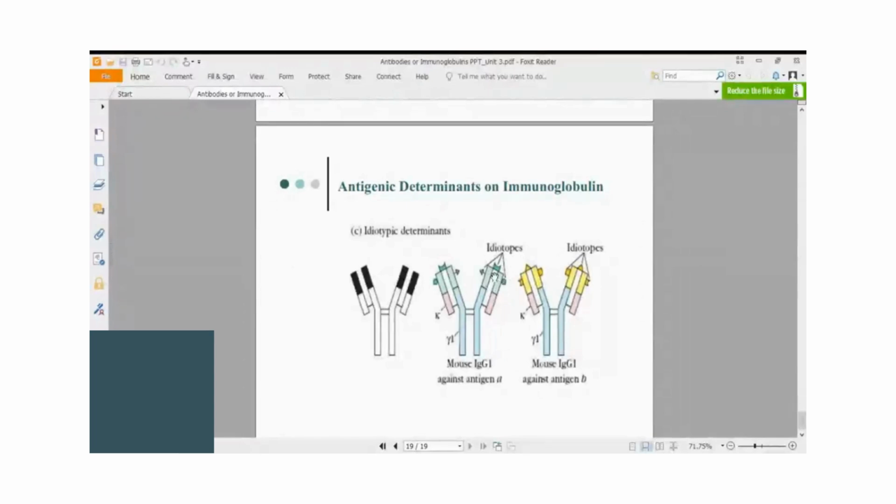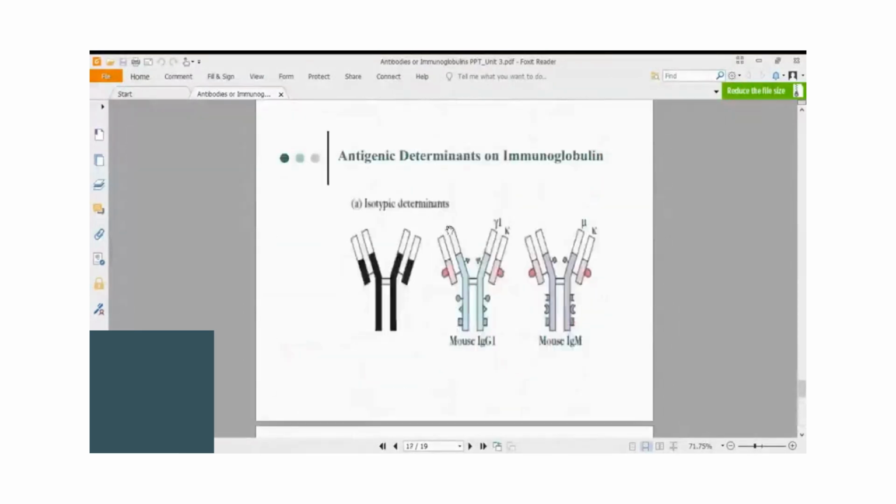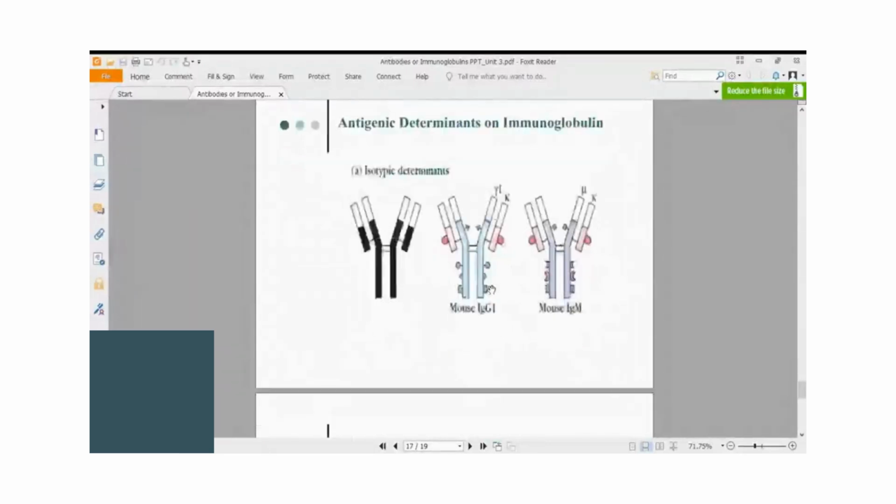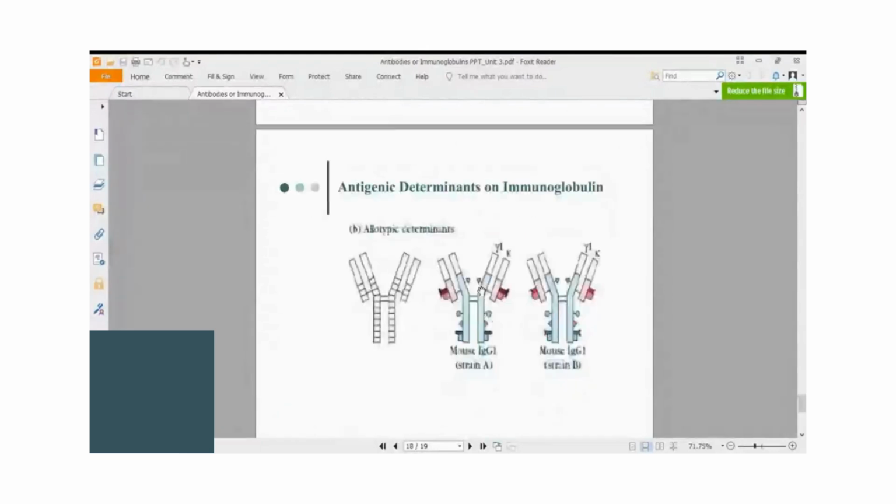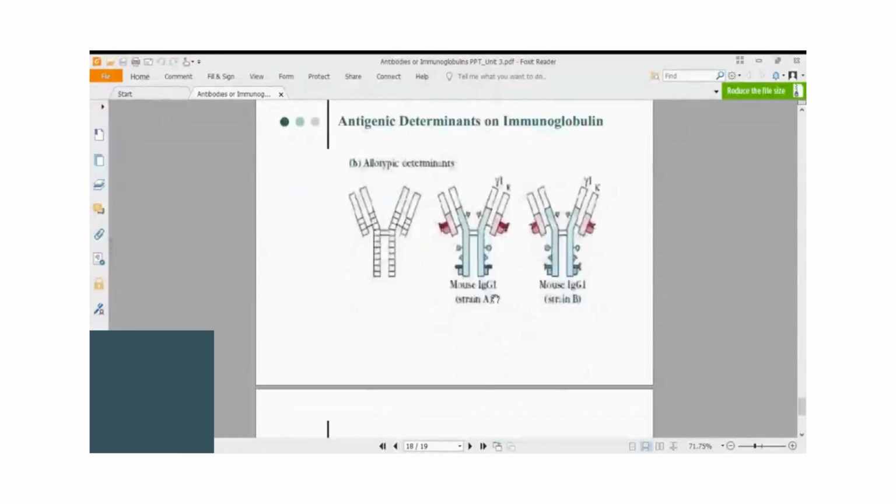In the previous two classifications that we spoke about, isotypic determinants are based on the antigenic determinants of the constant region domain of the heavy chain and light chain. Similarly, allotypic determinants are also antigenic determinants of the constant region domain of the heavy chain and the light chain.